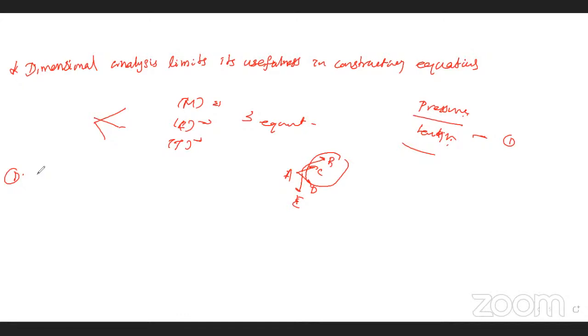Thus, there should be a maximum of 4 physical quantities on either side of the equation connected by dimensional analysis. The maximum of 4 means three dependent ones and one other one, the quantity for which we have to construct the equation. That's one limitation.